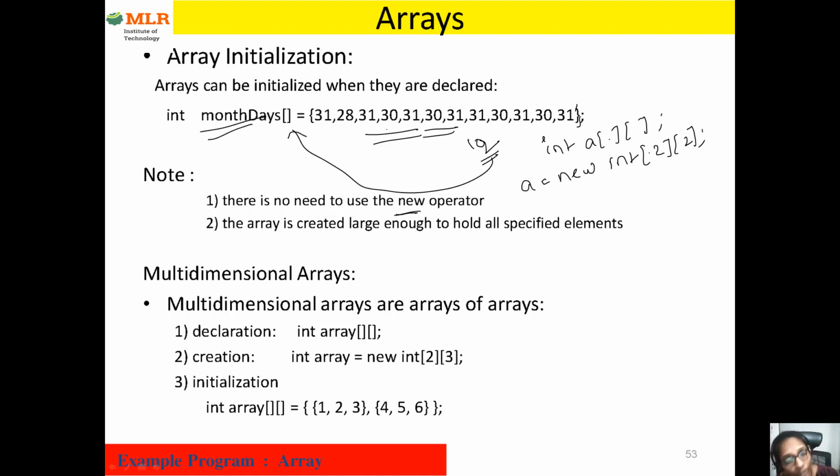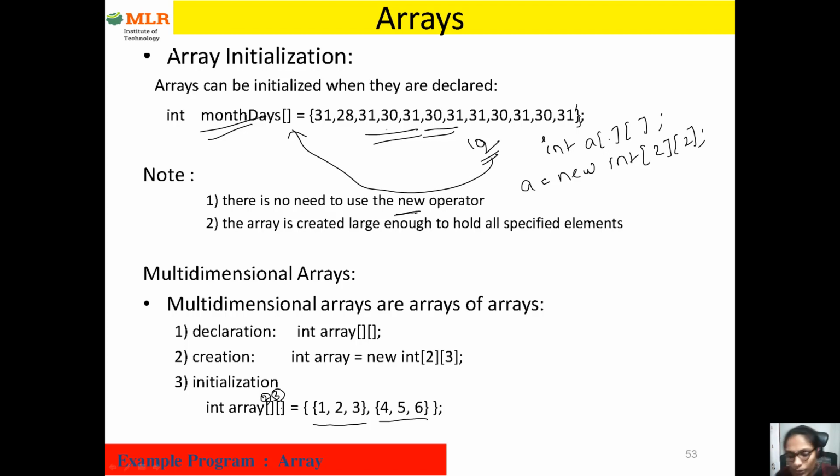In this way we can allocate the memory for multi-dimensional arrays. If you want to initialize your array, you can write like this. This is the first row and this is the second row, so you have 2 rows and 3 columns. Here we are not supposed to specify the size; based on the elements we give, the size will be allocated.